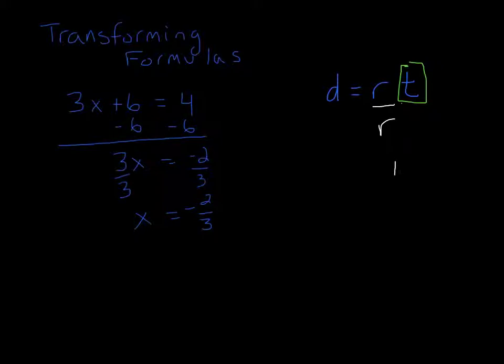So now we're just left with 1t, or just t. Okay, but again, we have that law that says whatever you do to one side of the equation, you must do to the other. So we're going to divide by r on the other side. And now we're left with d over r equals t. So we've now solved for t. T is all by itself. So we did exactly what we needed to do. Okay, we got t by itself. It's all isolated. So now we have distance over rate equals time.